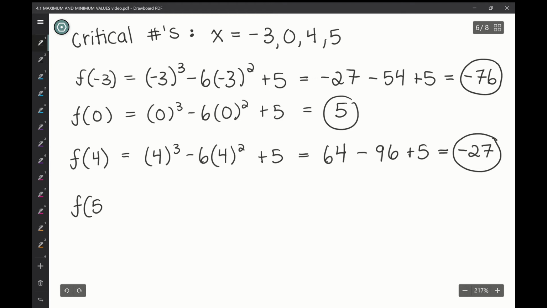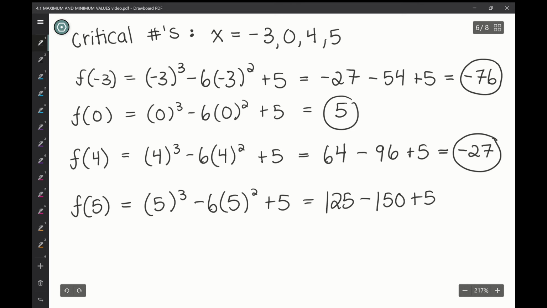Then we have to find f of 5, which is 5 cubed minus 6 times 5 squared plus 5, which gives us 125 minus 150 plus 5, which is equal to negative 20. So now we've found the outputs at each of our critical numbers.